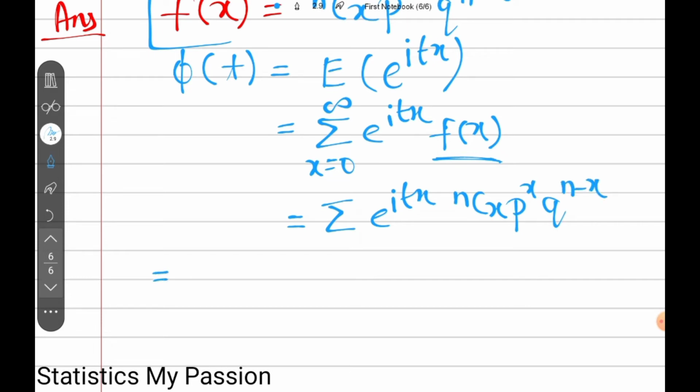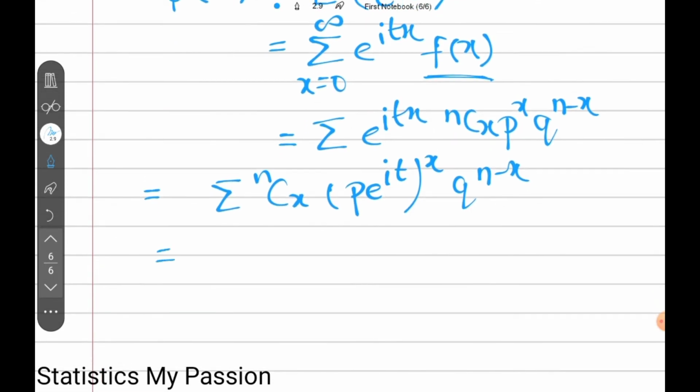So the summation of nCx (p e^(it)) to the power x and q to the power n minus x.